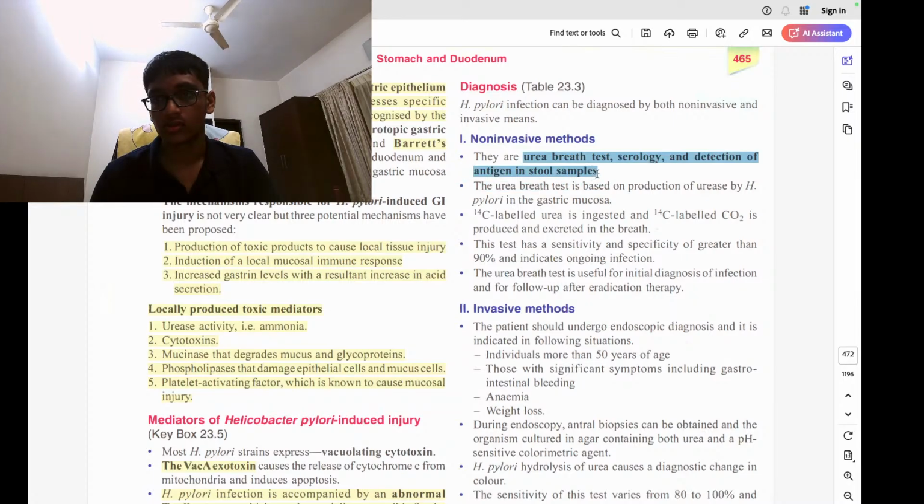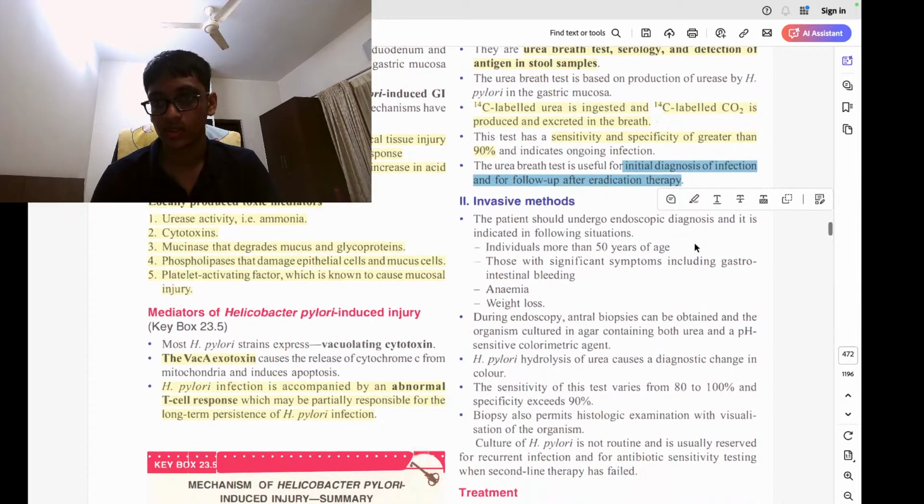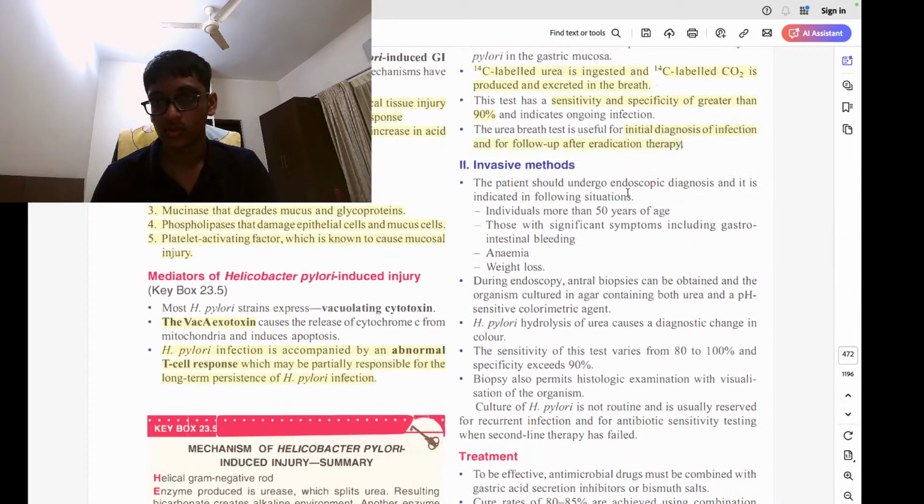This is important, and C14 is important. Sensitivity and specificity. Initial diagnosis and eradication therapy. Then invasive methods: endoscopic diagnosis is indicated in three situations, such as weight loss, intestinal bleeding, and all of these.